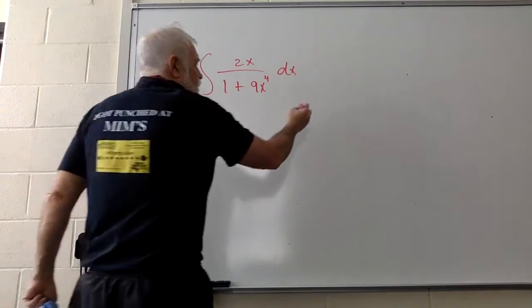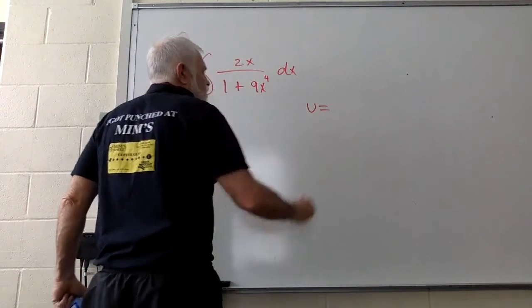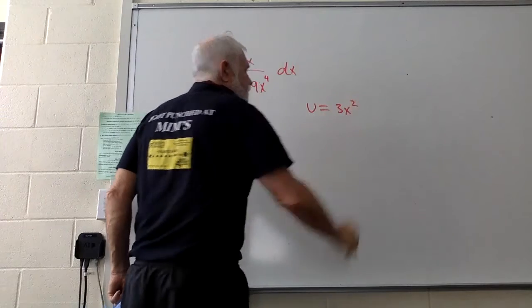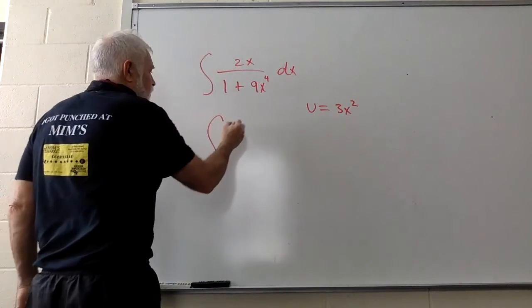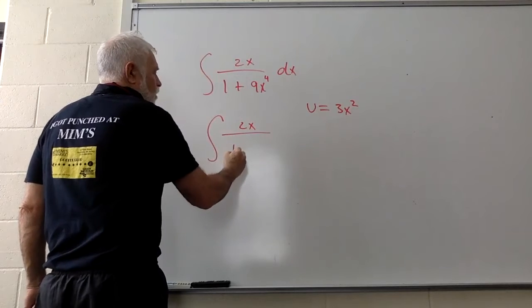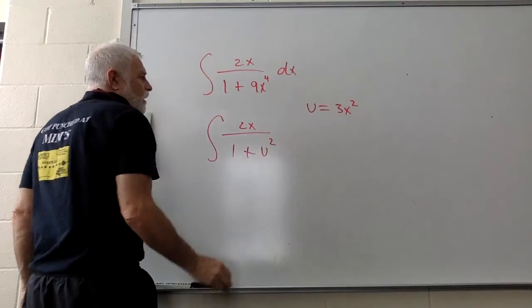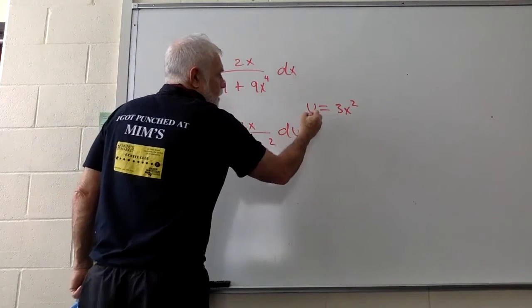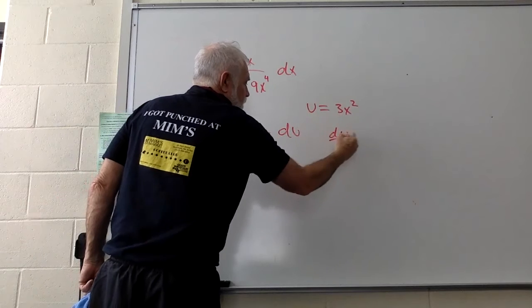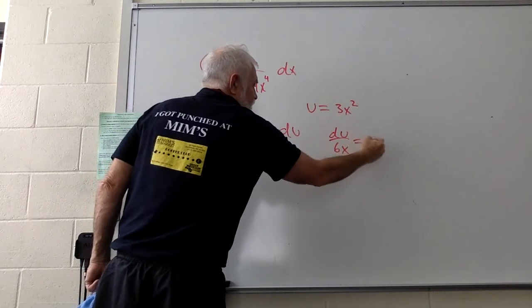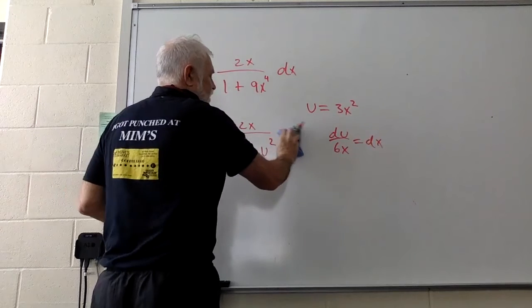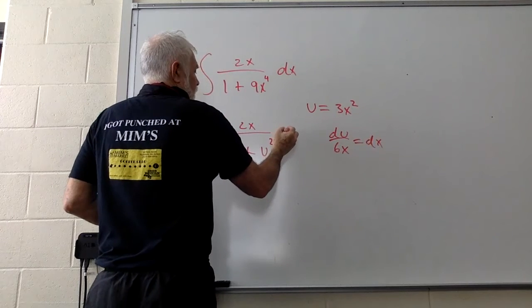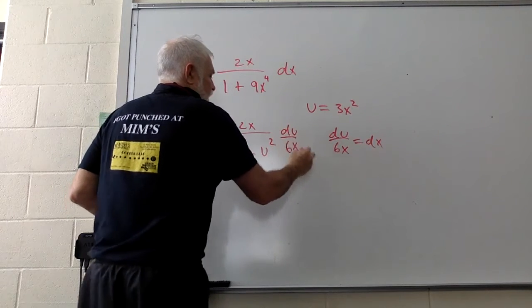All right, so the kicker here is u equals 3x squared. If you have that, then you've got 2x over 1 plus u squared, and my du is going to be 6x dx. So therefore, I now have 6x du over 6x.